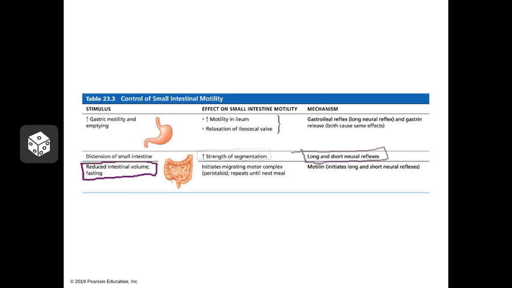For example, if you're fasting, this initiates what is called the migrating motor complex, which is what triggers peristalsis. It is a basic electrical rhythm that is found in all of the digestive organs, and this will occur until the next meal. The mechanism is by a hormone called motilin.